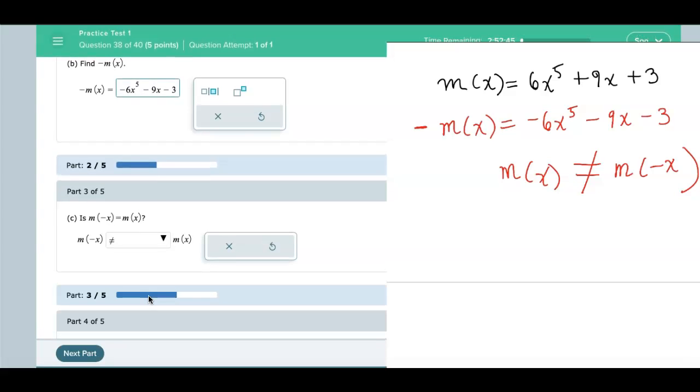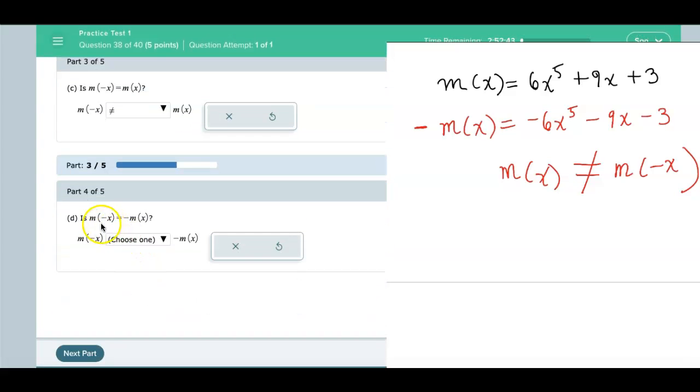My computer is so slow. Is m of negative x equals negative m of x? So hold on, let me cut. We need to know which ones we are comparing. So we're comparing that negative m of x with m of negative x.